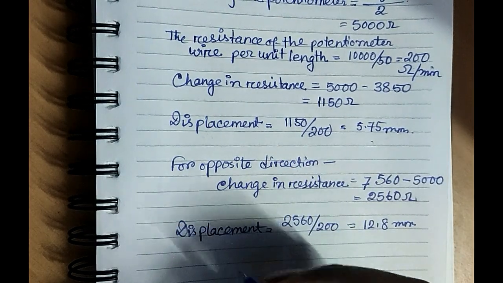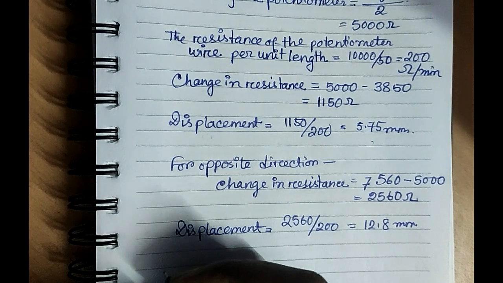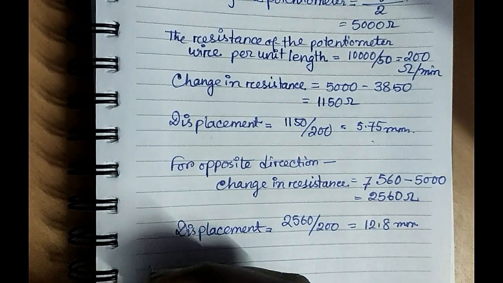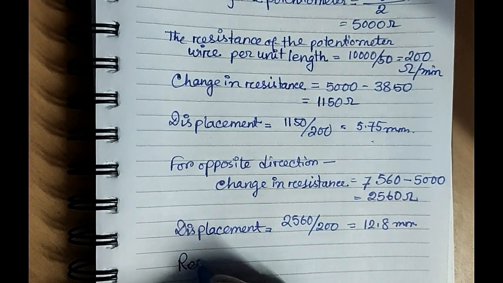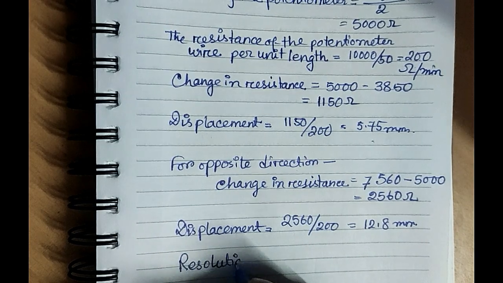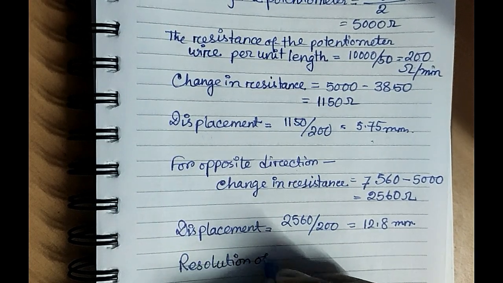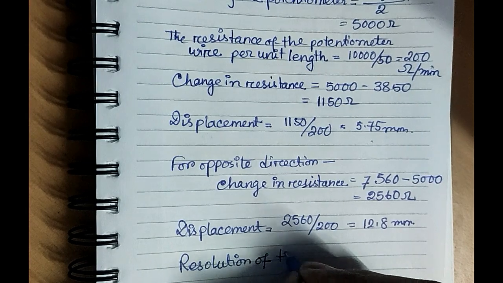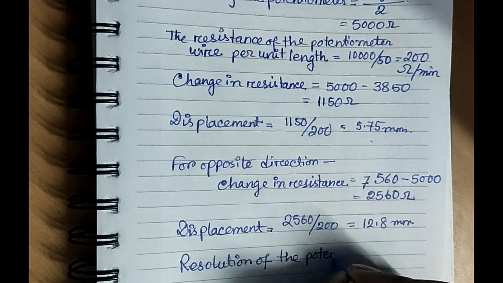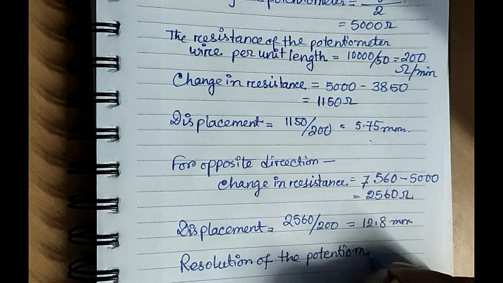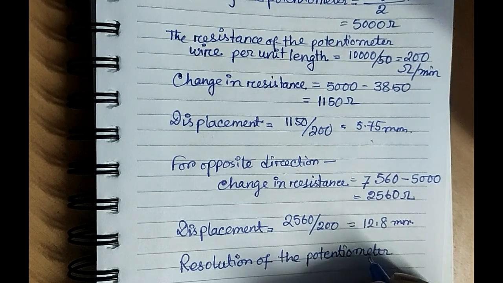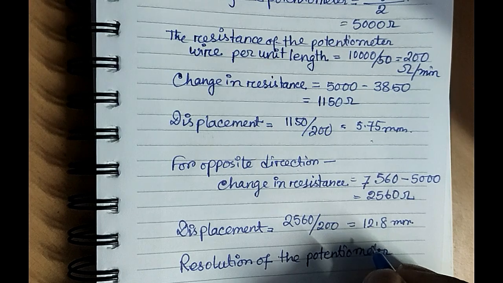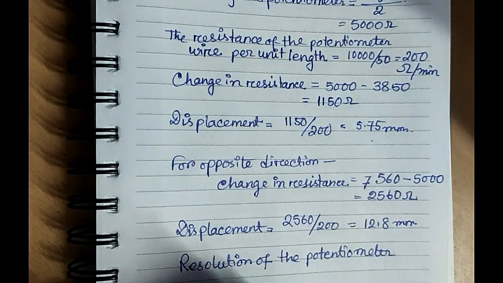So the resolution of the potentiometer will be based on the minimum measurable resistance. Now what will be the minimum measurable resistance? The minimum measurable resistance is given as 10 ohm.